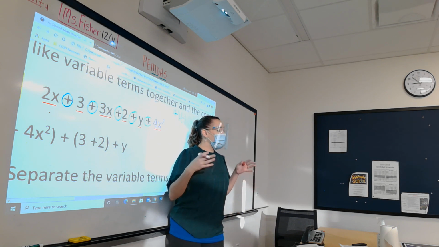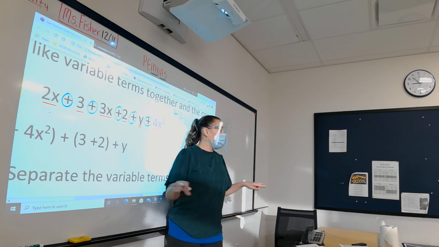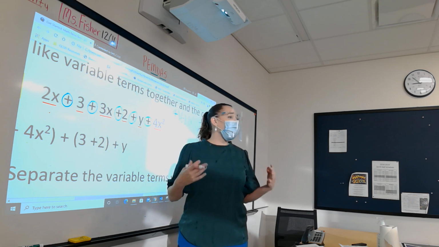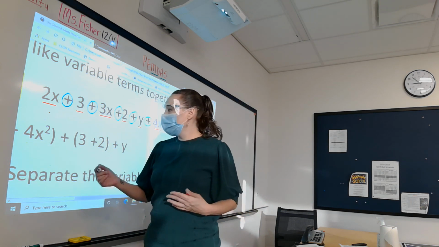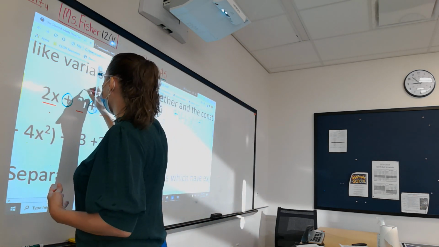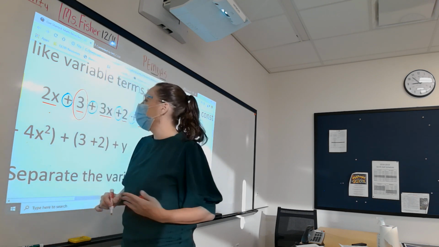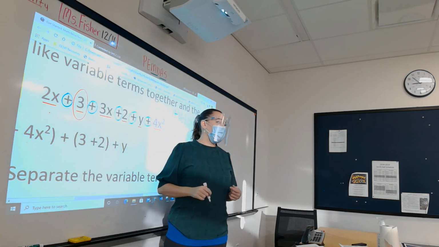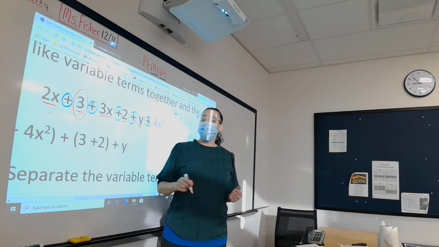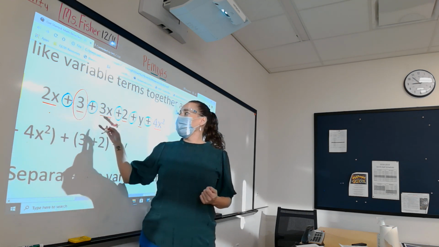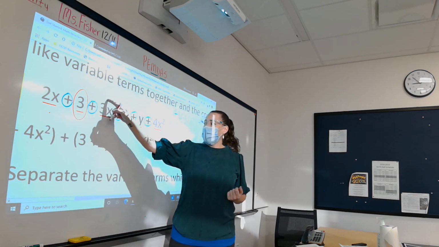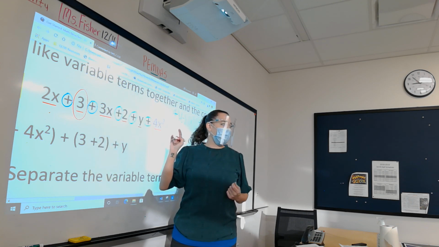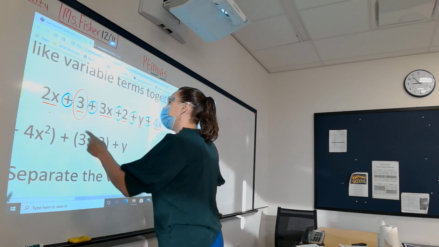If it's just a number and there's no variable attached to it, a variable is a letter. So this would be considered a constant because you see there's no variable attached to it, okay? So I'm going to separate the terms that have a variable and the terms that don't have a variable, okay?